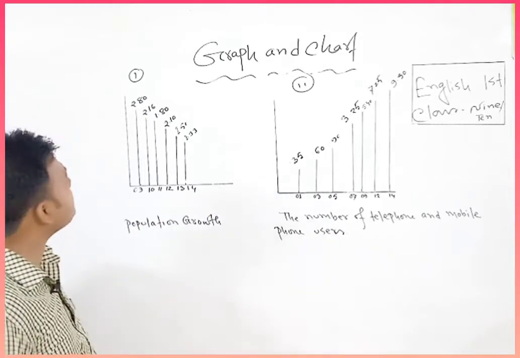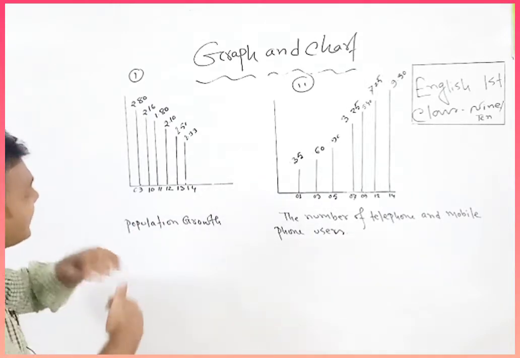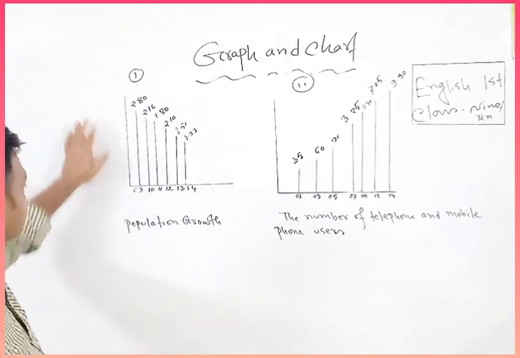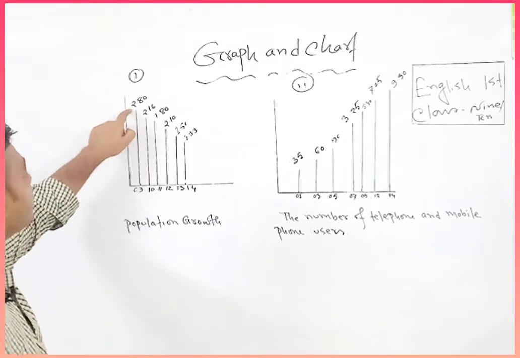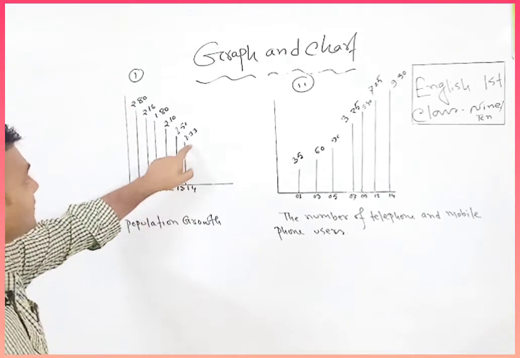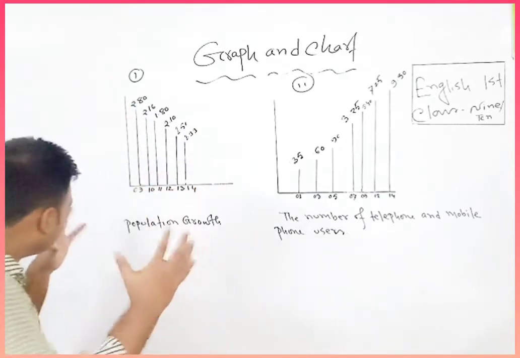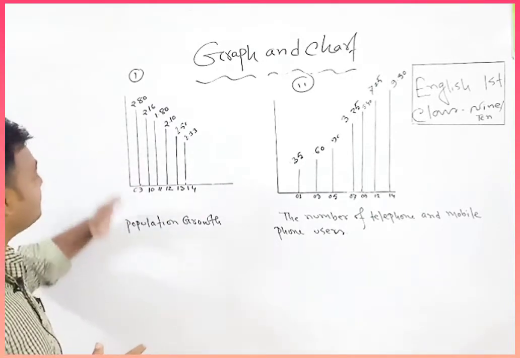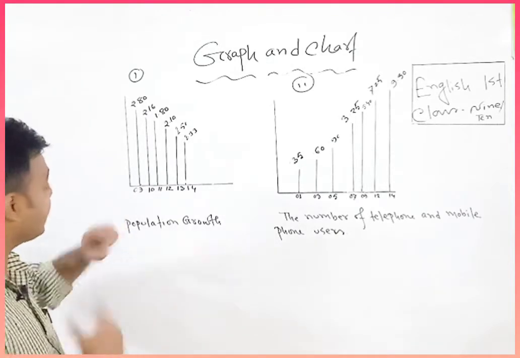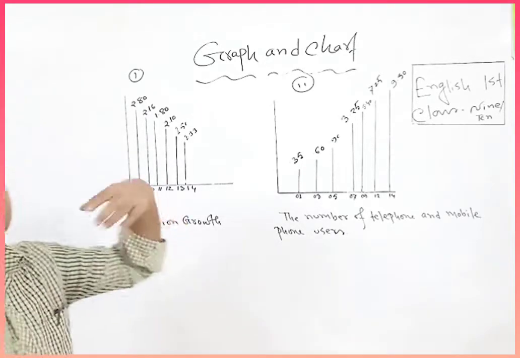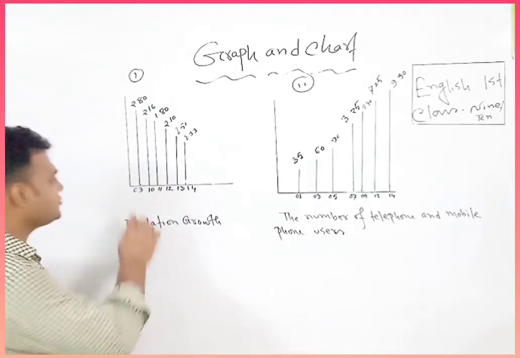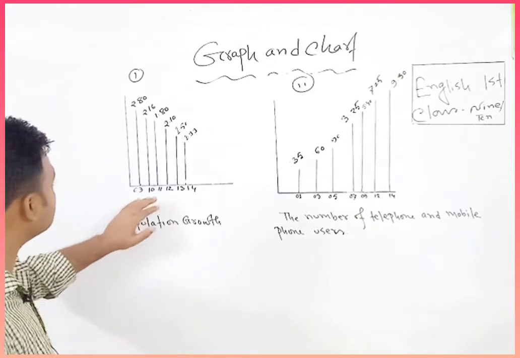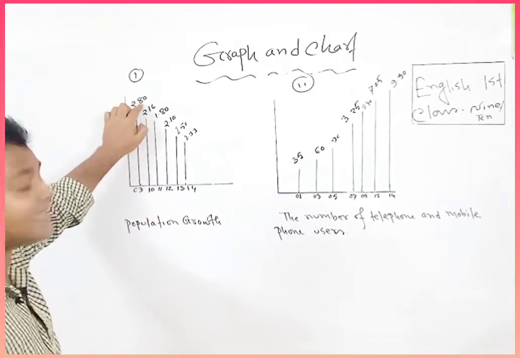In this graph, we have seen that the population growth rate is decreasing year by year. তার মানে আমরা দেখতে পাচ্ছি যে 2009 সালে ছিল 2.80 and 2014 সালে ছিল 1.33. So this graph shows us that the rate of population growth is decreasing year by year. In 2009 the population growth rate was 2.8.